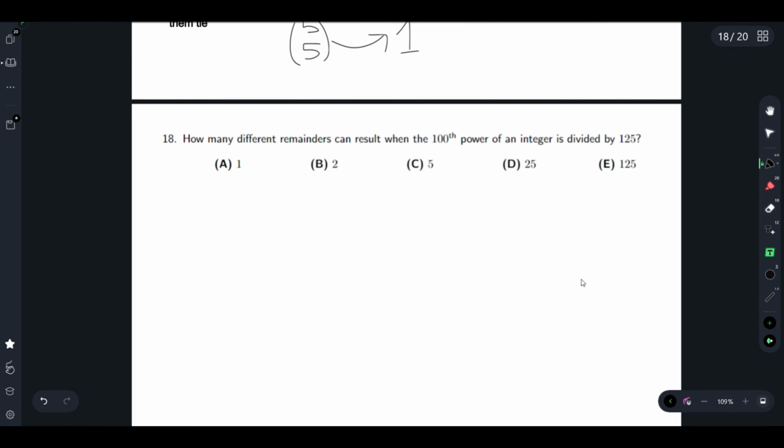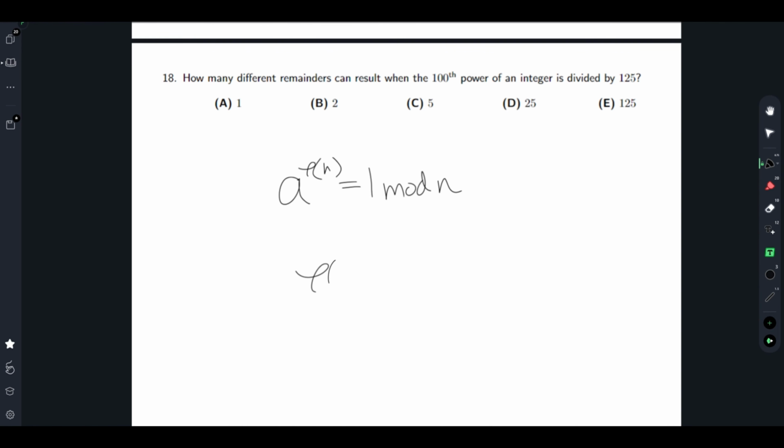18. How many different remainders can result when the 100th power of an integer is divided by 125? So we have Euler's totient theorem, which states that any integer a to the totient of n is equal to 1 mod n, and this is only if a and n are relatively prime. So what is the totient of n?